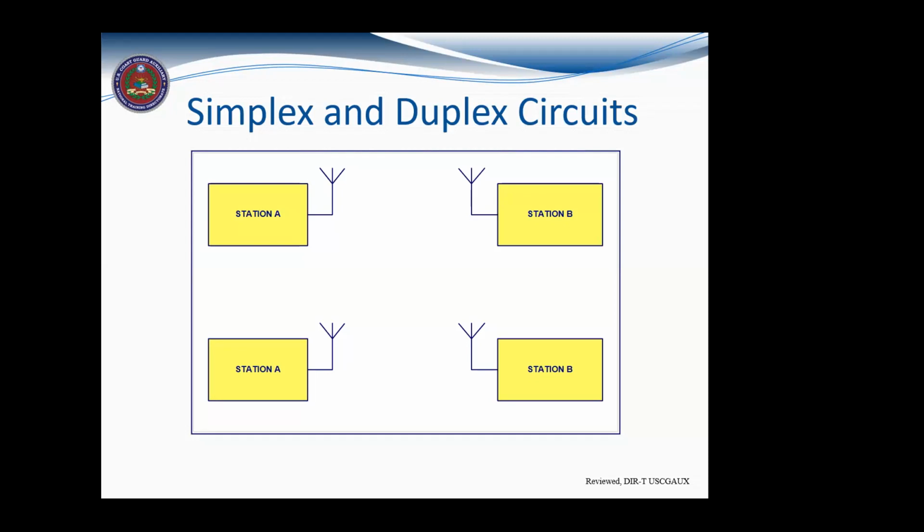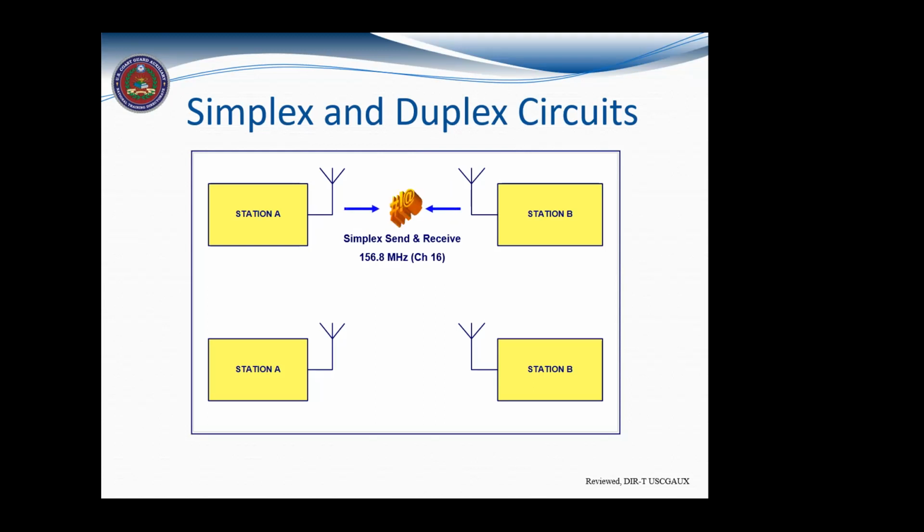Now, radio channels will be designated as either simplex or duplex. A simplex channel means you are going to transmit and receive on the same frequency. Most of the channels that are used in the marine band are going to be simplex.